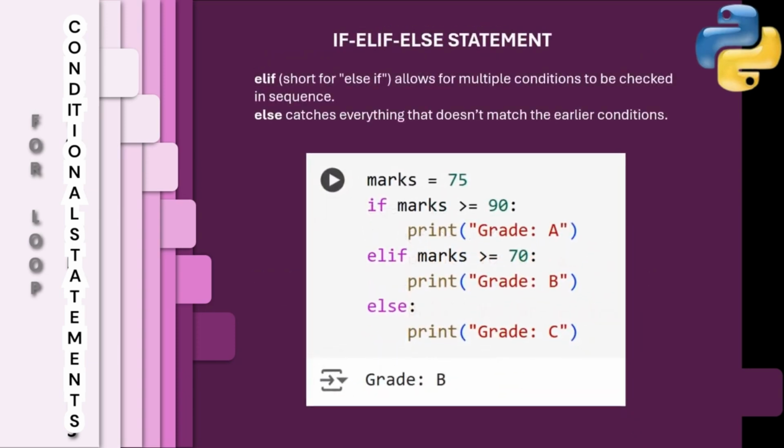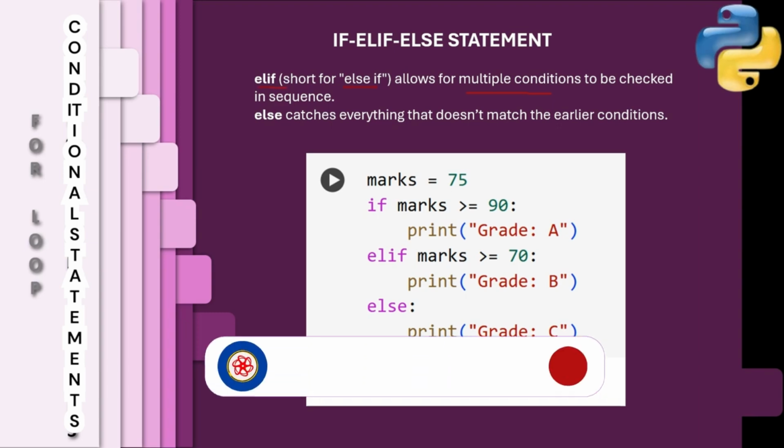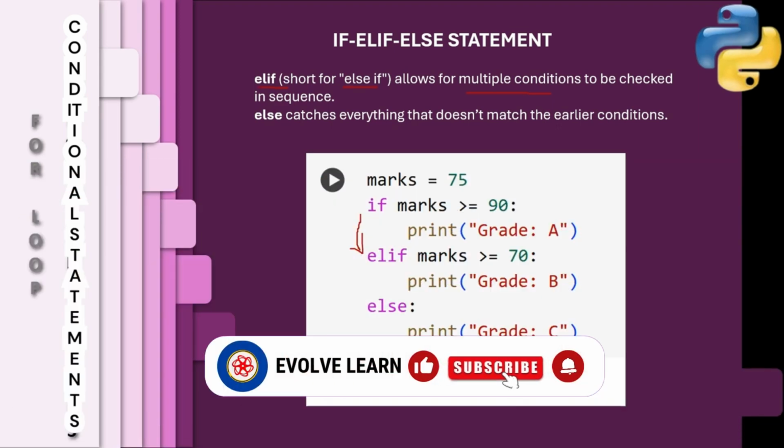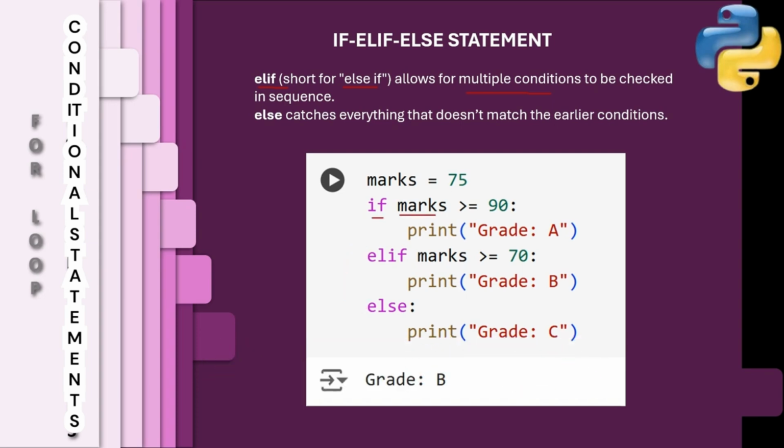The elif statement allows you to check multiple conditions in a sequence, and this elif is the short form for else if. It is used after an initial if statement and before an optional else statement. The syntax starts with if followed by a condition and colon.